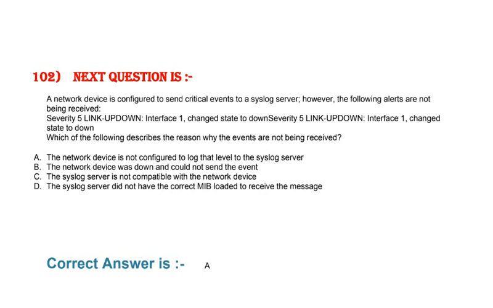Option A, the network device is not configured to log that level to the syslog server. Option B, the network device was down and could not send the event. Option C, the syslog server is not compatible with the network device. Option D, the syslog server did not have the correct MIB loaded to receive the message. Correct answer is option A.